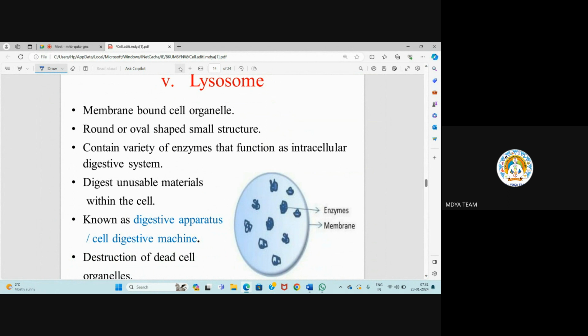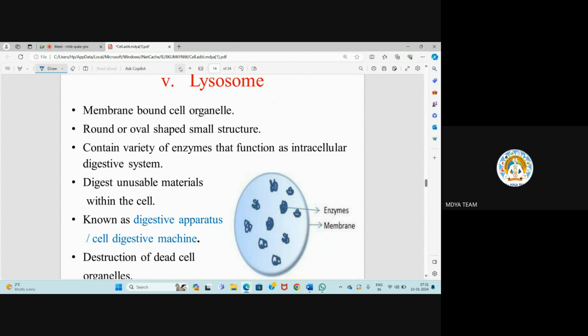Next is digest unusable materials within the cell. So it is also cleaning the cell. If cell is producing some unusable material, means waste material, then those unusable materials are also being digested by this lysosome. Okay, means you can see that this lysosome is cleaning the cell. If the cell is producing some waste material, that waste material is cleansed by lysosome by digesting that material.